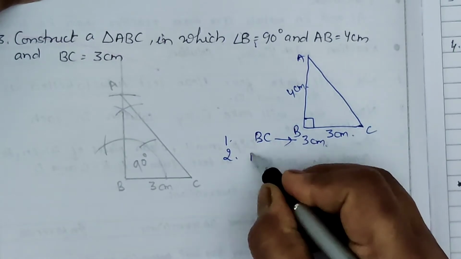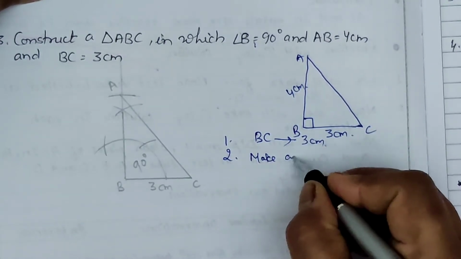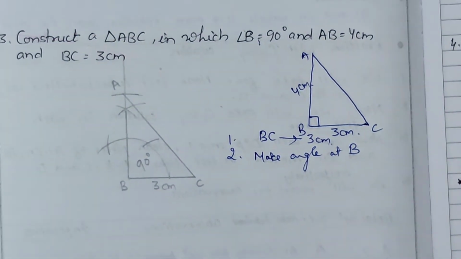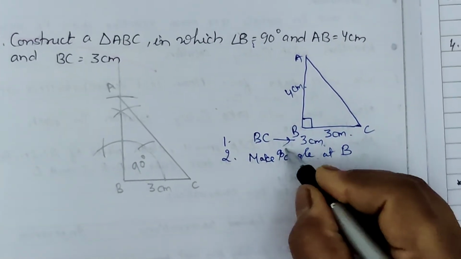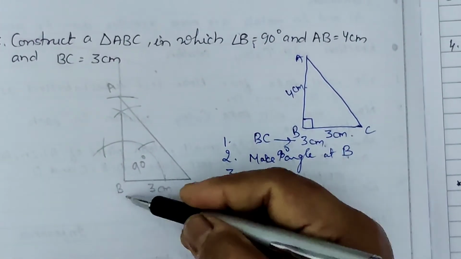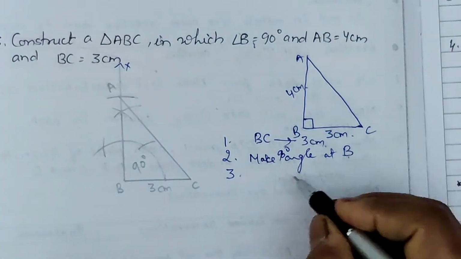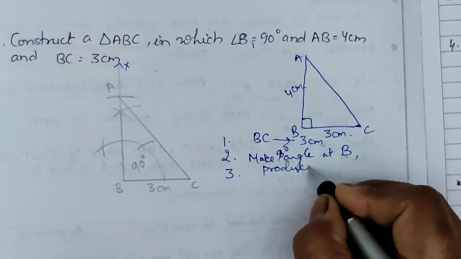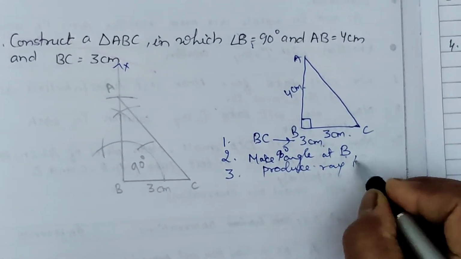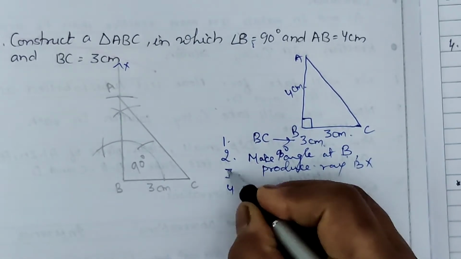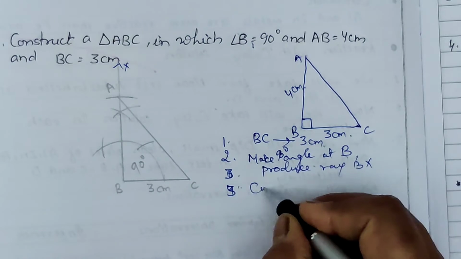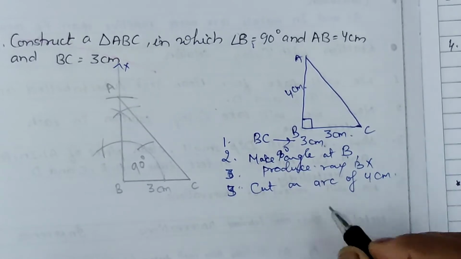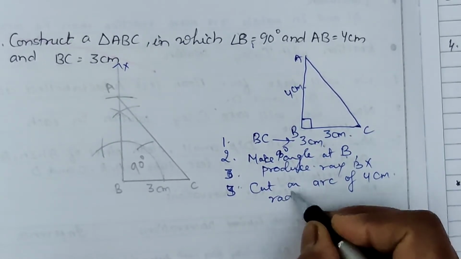Second step, make a 90 degree angle at B. Third step, produce the ray BX at B and cut an arc of 4 centimeter radius.